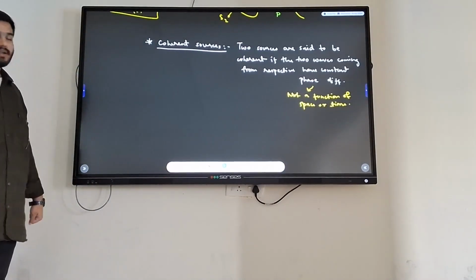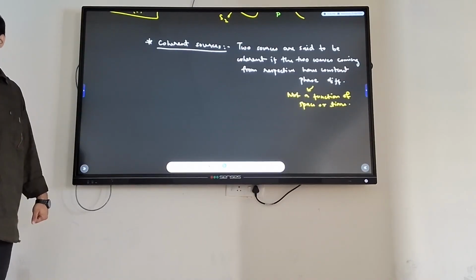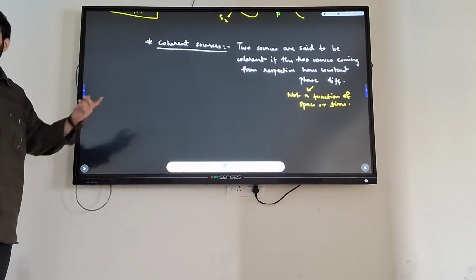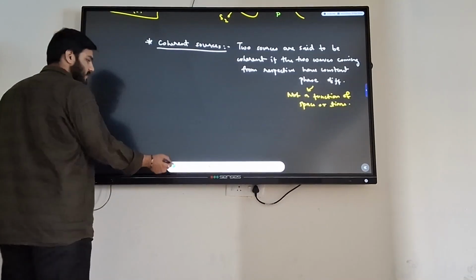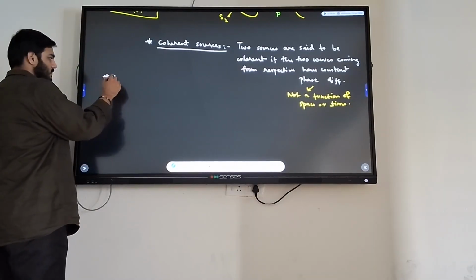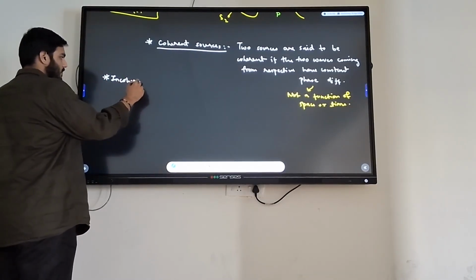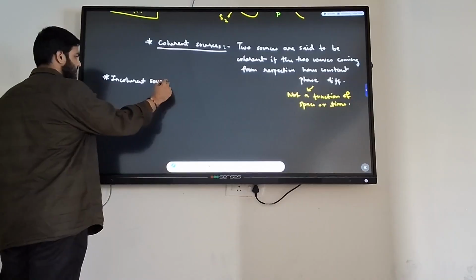And then what will be called an incoherent source? Where the phase difference is a function of space or time. Incoherent sources.